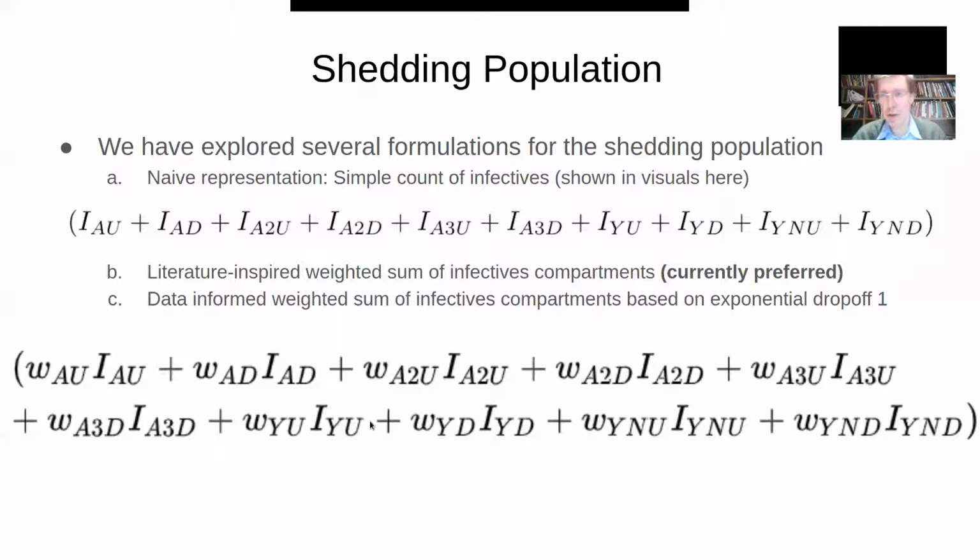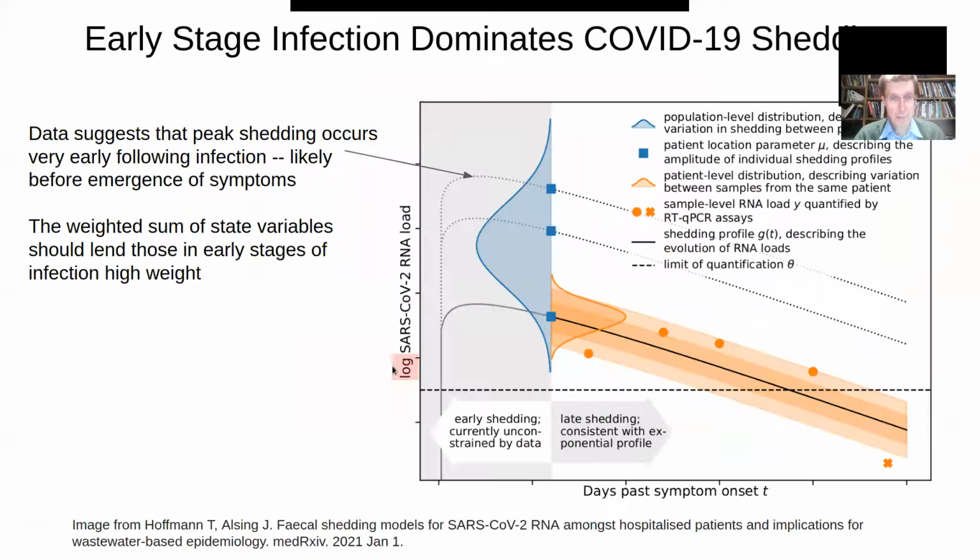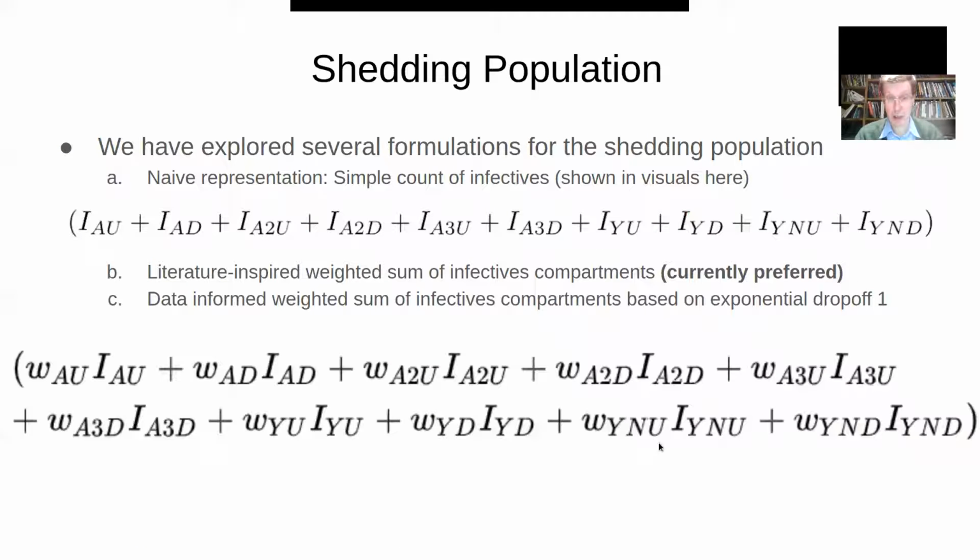But more generally, we have weighted some of them, reflecting the fact that people in earlier stages of infection are actually shedding more fecally, and hence more likely to be big contributors to the wastewater concentration signal for COVID-19, whereas those in later stages are less likely to be.